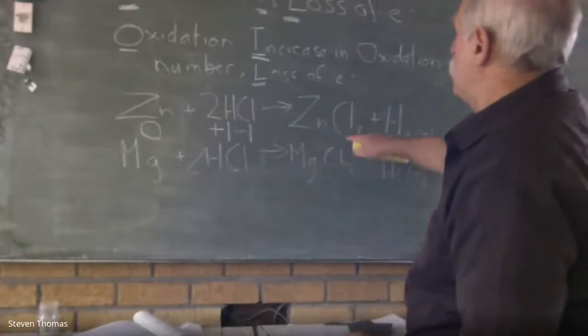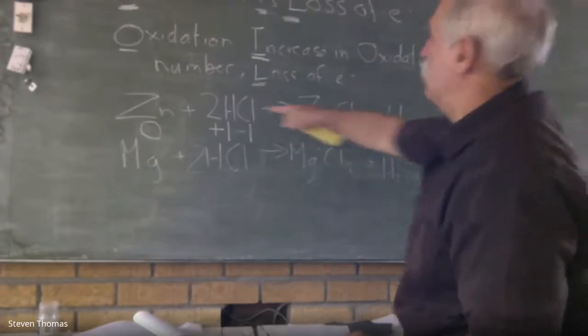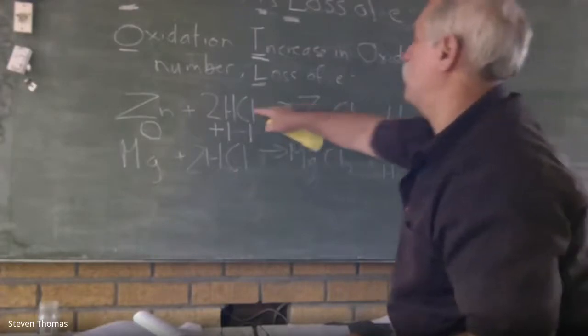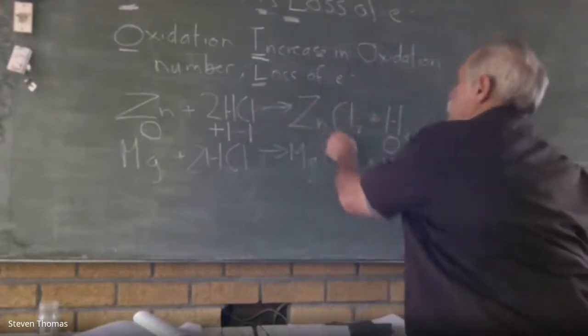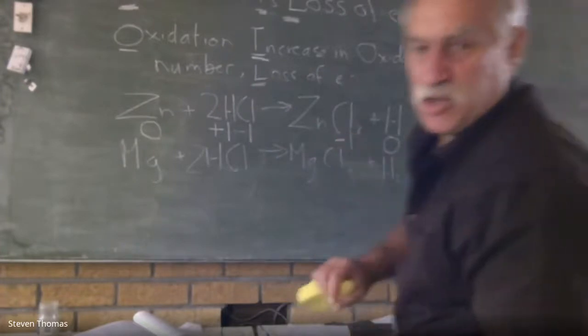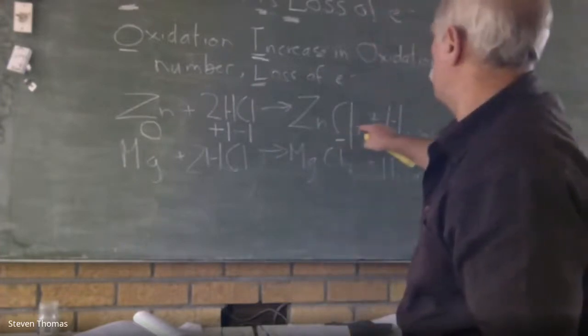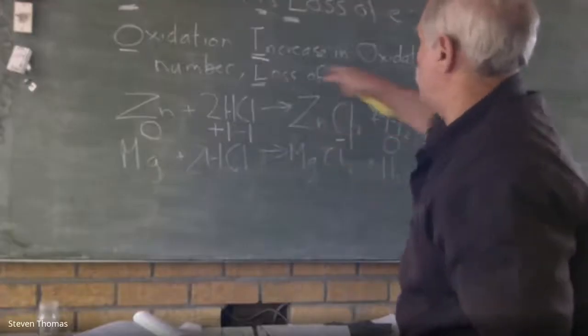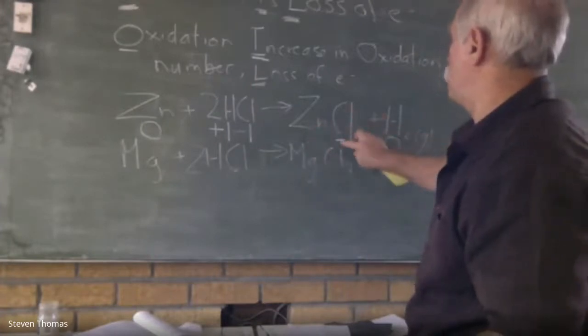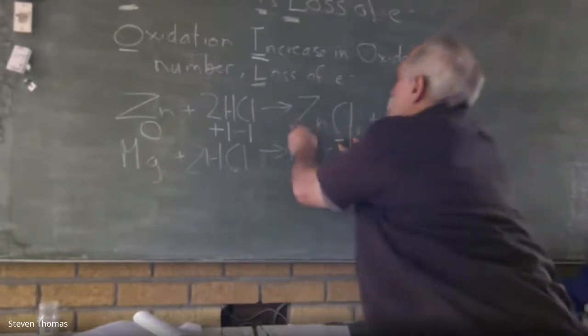And now chlorine is still in group 7. It hasn't changed. So chlorine still has an oxidation number of -1. I see those rules are a little bit incomplete, but there's 2 of them. So what do you think the zinc's is to balance it out? That's the only difficult one here. What is zinc's number? There's two minuses because there's 2 chlorine. So zinc is +2.